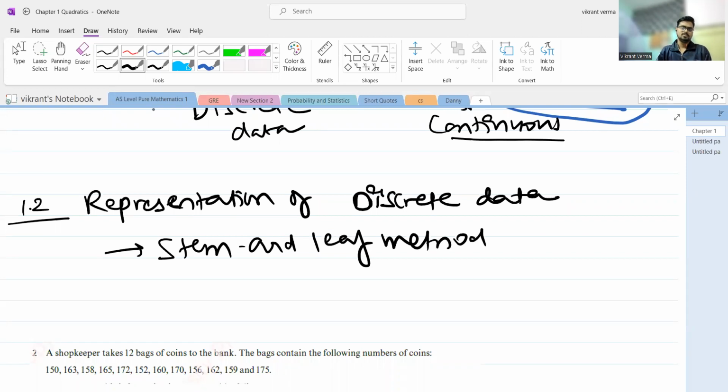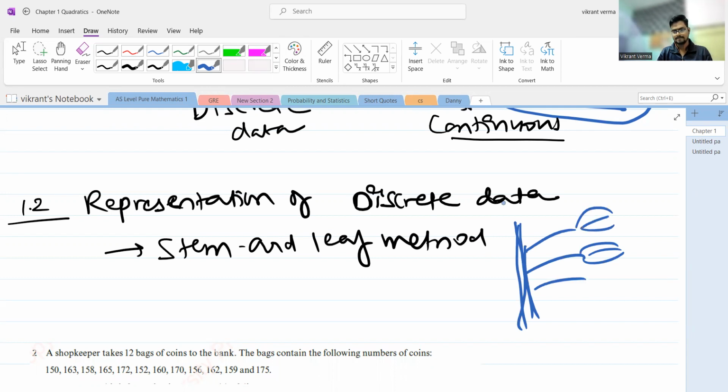As the name suggests, although it is not a very good analogy, we can imagine a stem here and some sorts of leaves like this. Our data is pictured in a similar manner, and the leaves can also be in this direction as well.